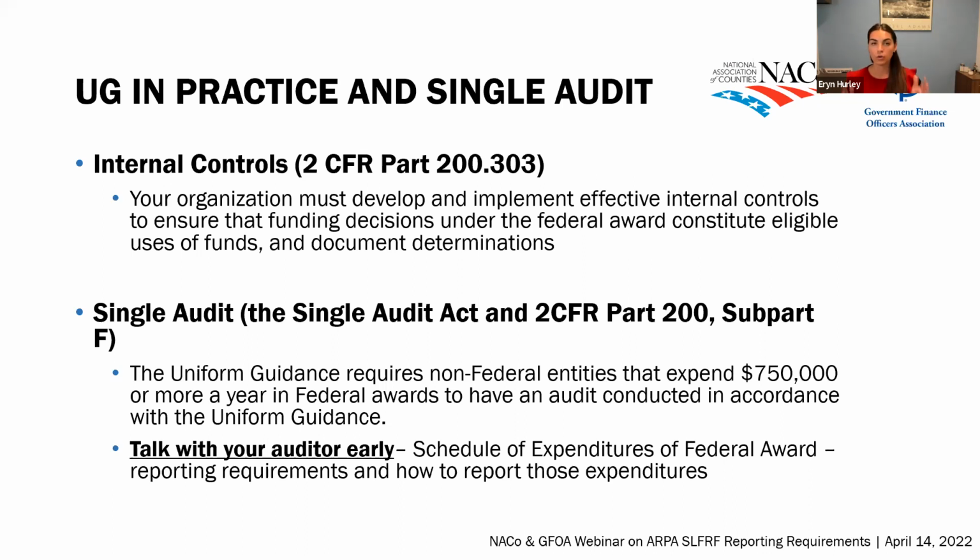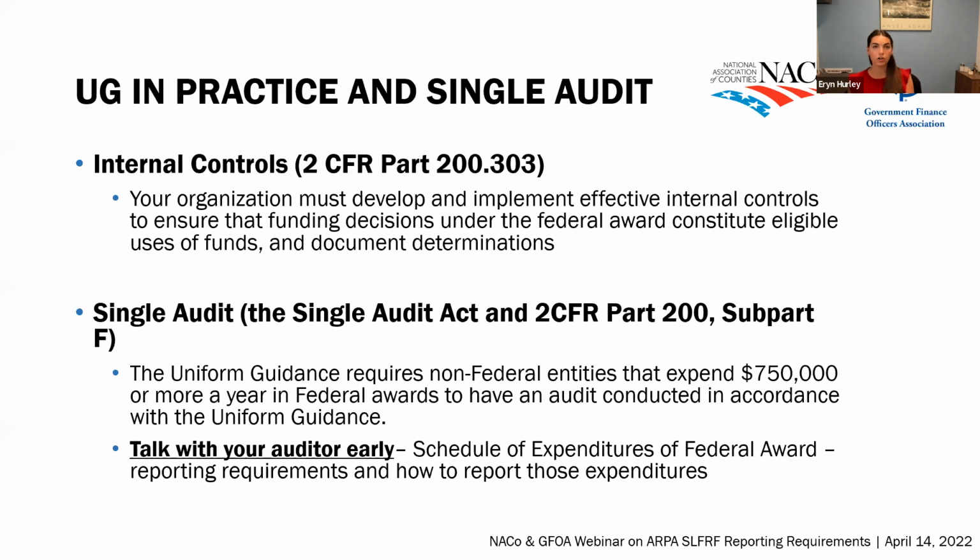Ultimately, and this is all outlined in Treasury's compliance and reporting requirements document, you have to develop and implement effective internal controls to ensure that the funding and any decisions you are making with recovery funds are an eligible use of funds, and document any determination. So that means it's not only you as a prime recipient, but your subrecipients.